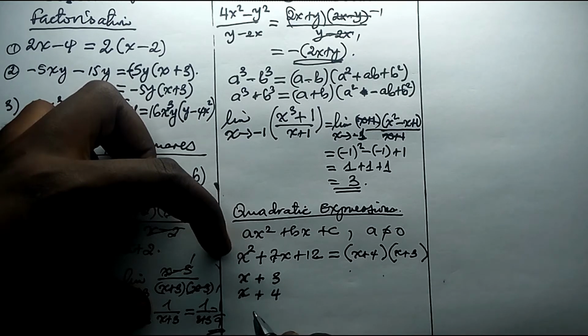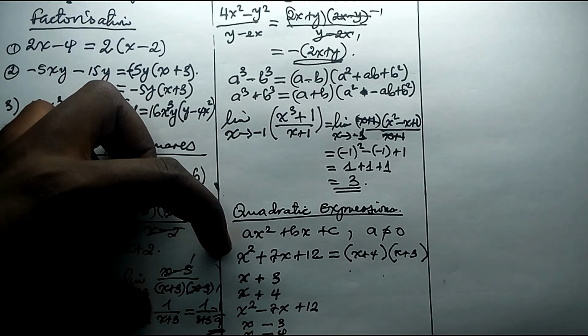Another example could be x squared minus 7x plus 12. If I go again, I have x and x at rough work. And the fact that I have negative 7 now shows that there will be negative 3 and negative 4.